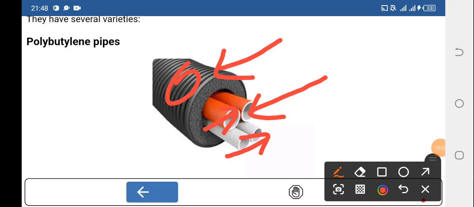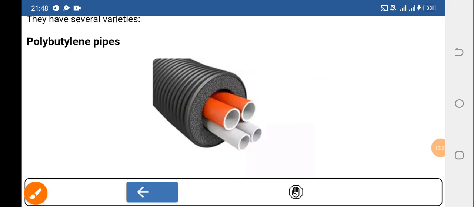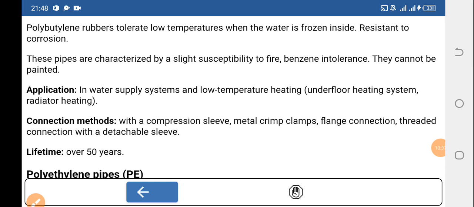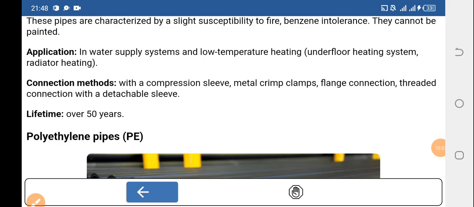Okay, apart from that, we need also to go through the application in water supply system and low temperature heating, underfloor heating systems, radiator. So the way you can use copper pipe is the same way you can use this type of material, because the material can also be used for heating system or radiator heating system connection with compression sleeve, metal clips or clamps, flange connections, threaded connections with the detachable sleeve.